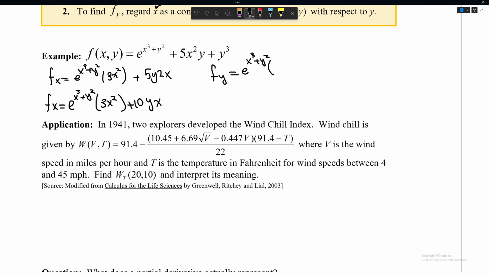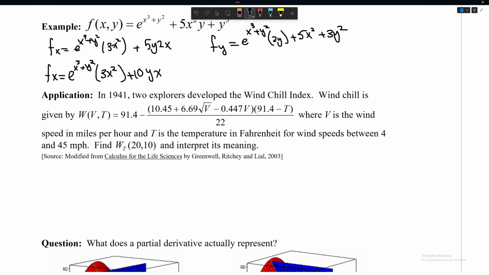Your x goes to 0 because we're deriving with respect to y. So you'll get 2y plus, these are constants, so they stay the same. Then I derive my y, which is just 1, plus derive my y here, which is 3y^2. That is your derivative in terms of y. All right.